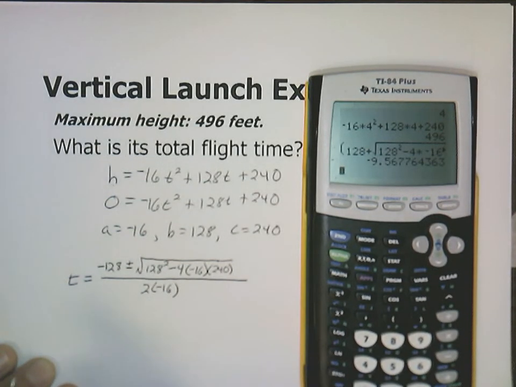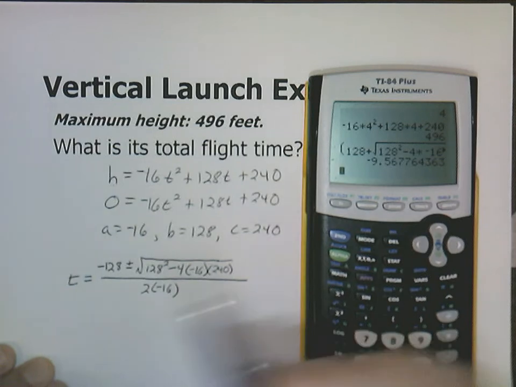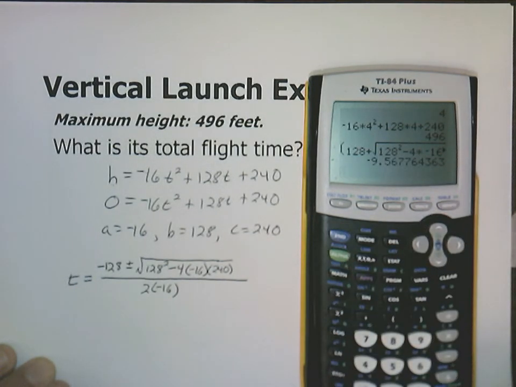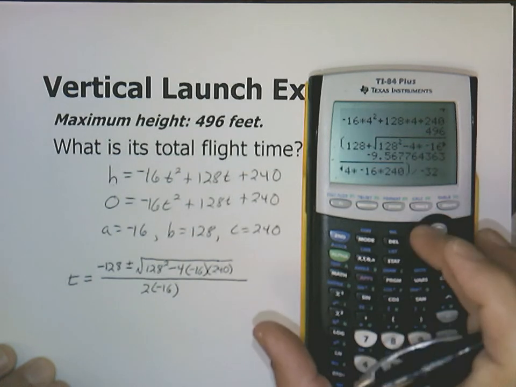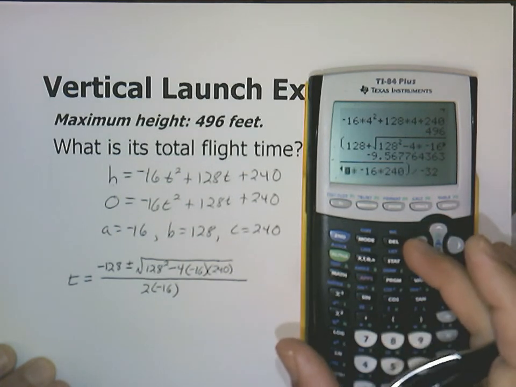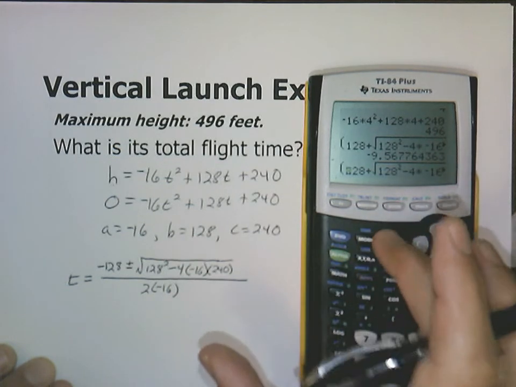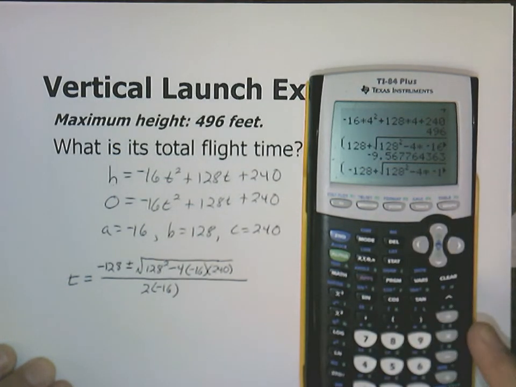And there we go, negative 9.567. Oh, wait a second here. I think I missed a negative sign up there. Easy enough to fix. Scroll back over here and insert my negative sign.